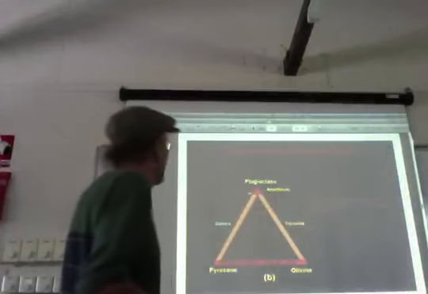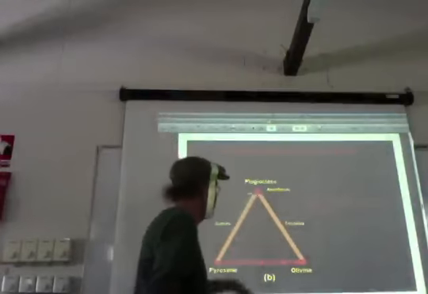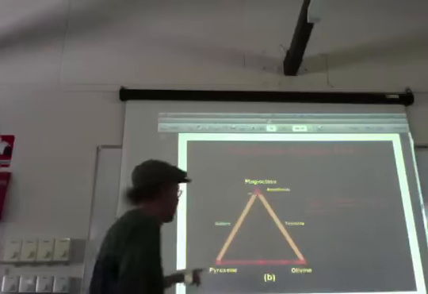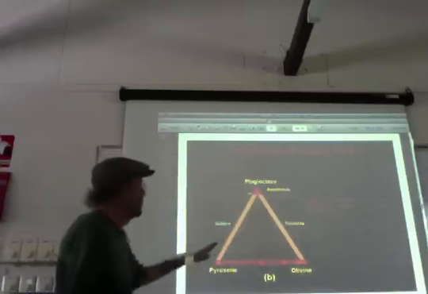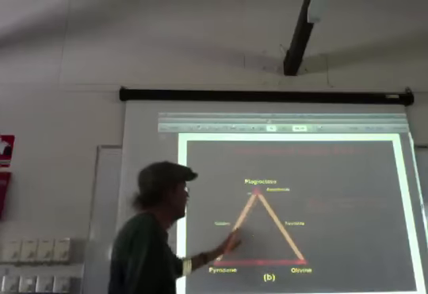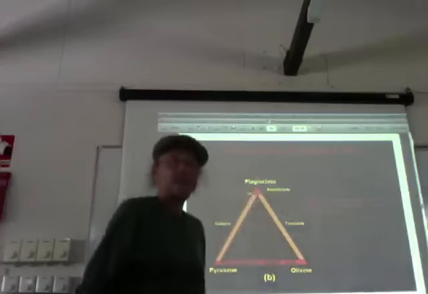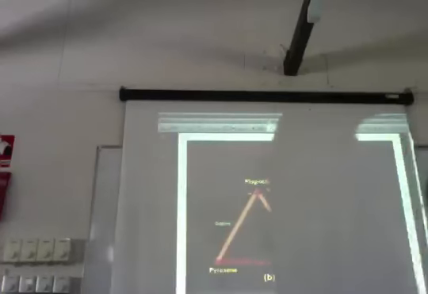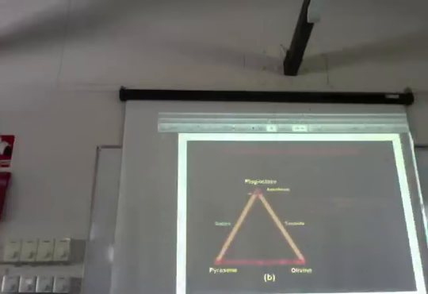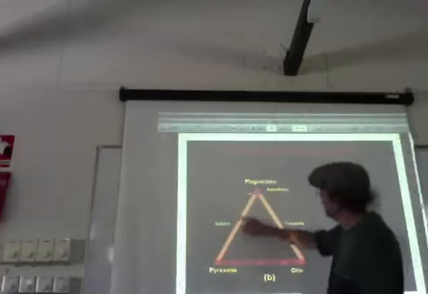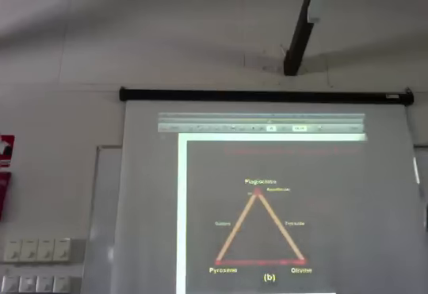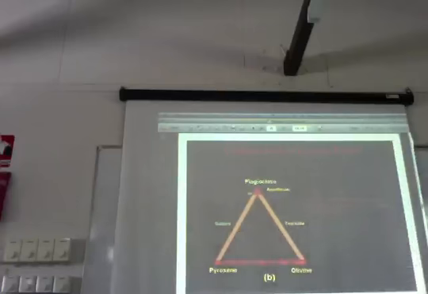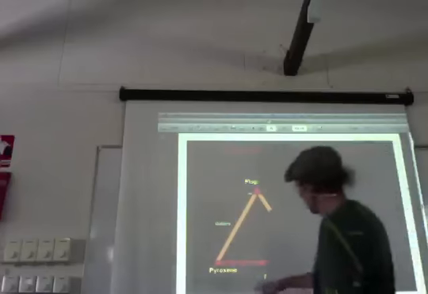Here we have 100% plagioclase, here 100% olivine, here 100% pyroxene. On this side we have the gabbro. I showed you the gabbro, and it has a lot of pyroxene and plagioclase inside. Pyroxene is the black mineral, the plagioclase is the white mineral. This is the gabbros.